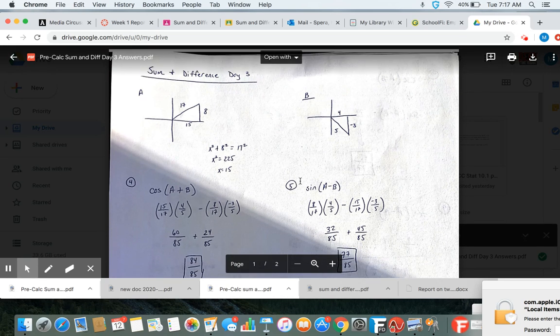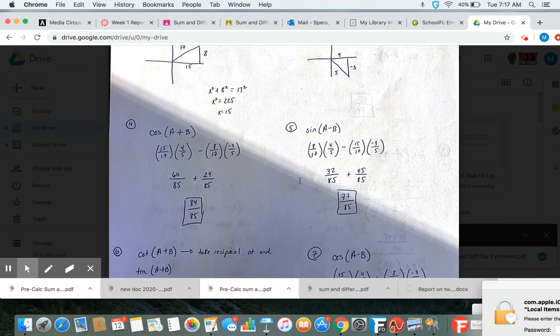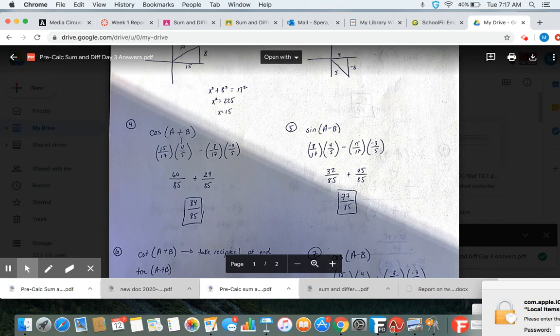Okay. For number 4, you're given cosine of A plus B. So all you have to do is refer to your identity sheet that outlines the identity for the sum of cosine angles, and refer to the triangles that you just created. So the cosine of A is going to be 15 over 17 times the cosine of B, which is 4 over 5, and then it's minus.